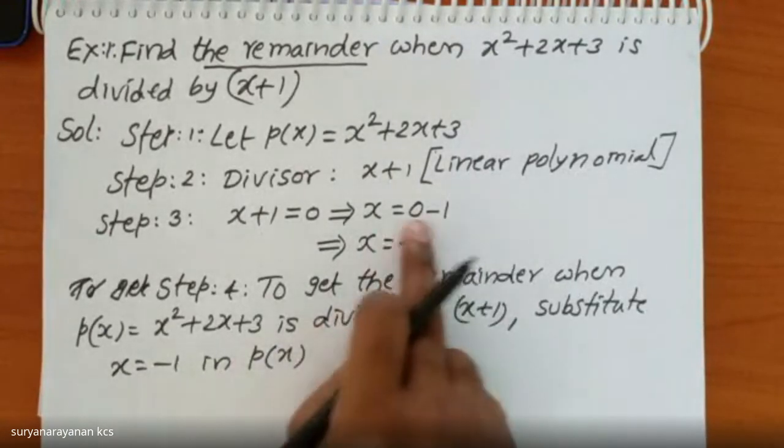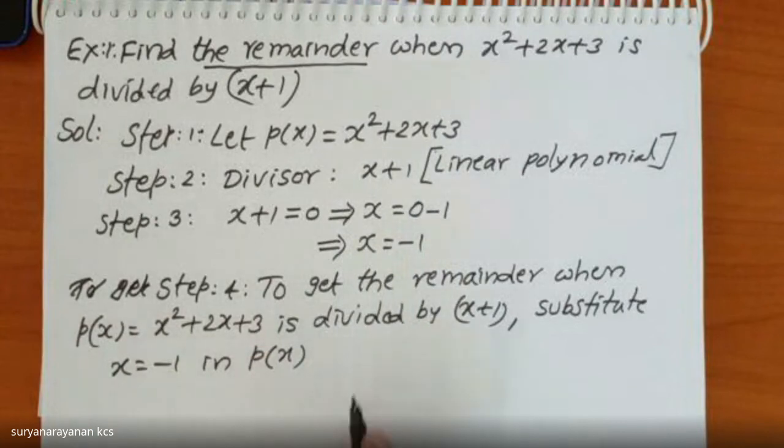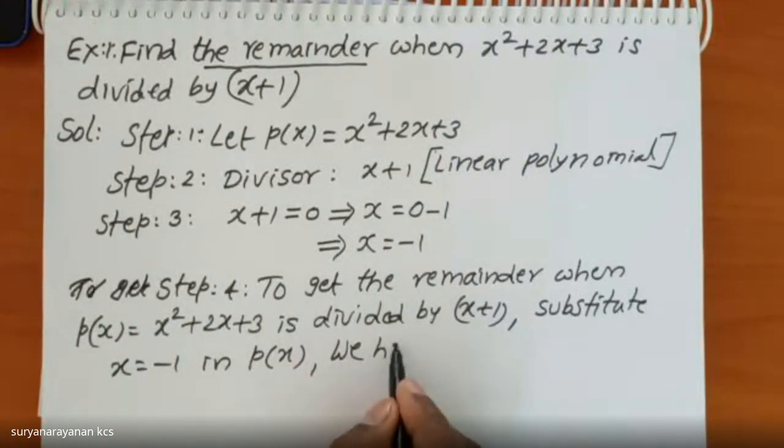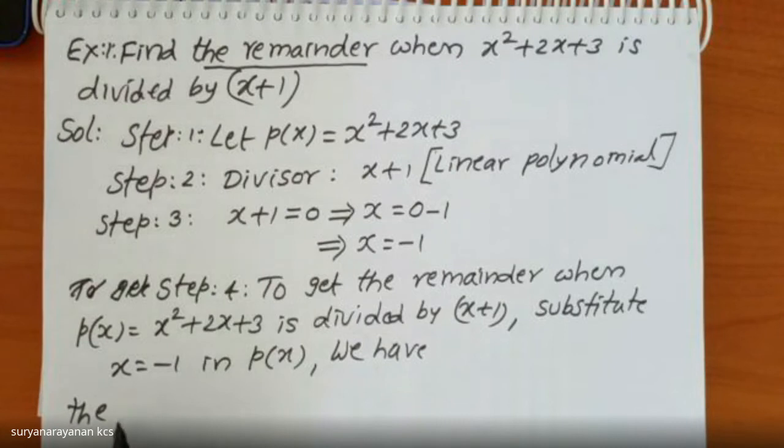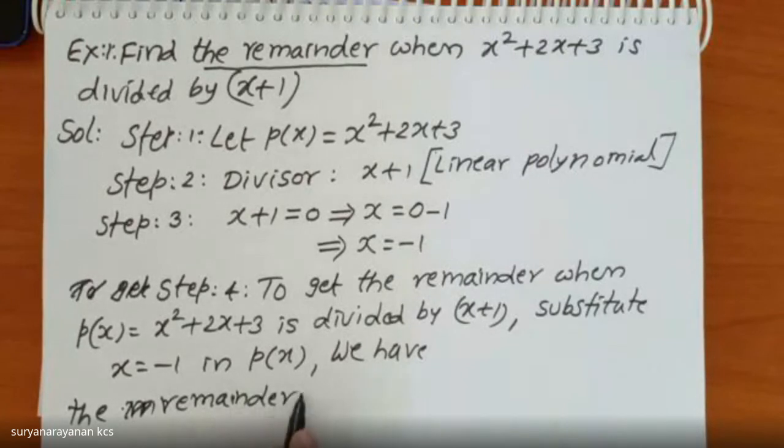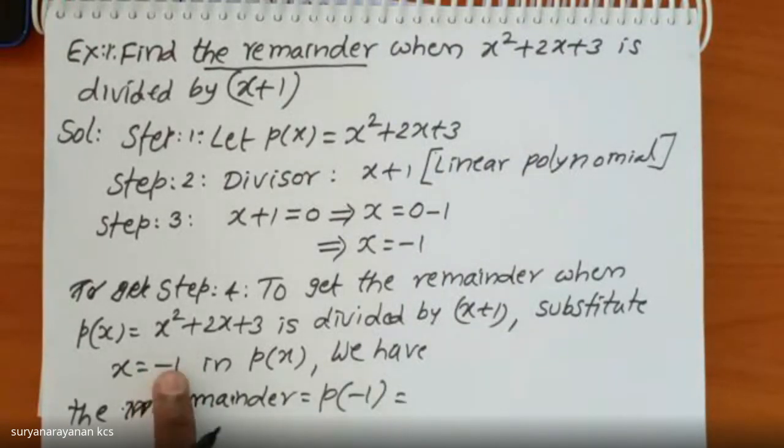Here we are substituting -1 in the given polynomial. Then we get the remainder. Then the remainder is equal to P of -1. If you are substituting -1 in this polynomial, what will you get in RHS?